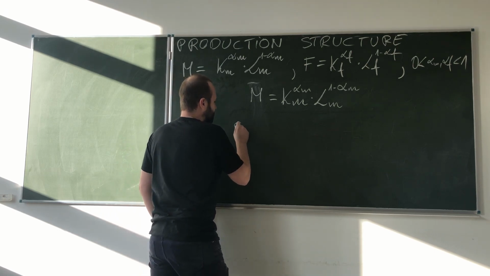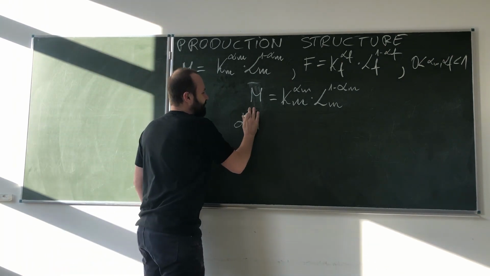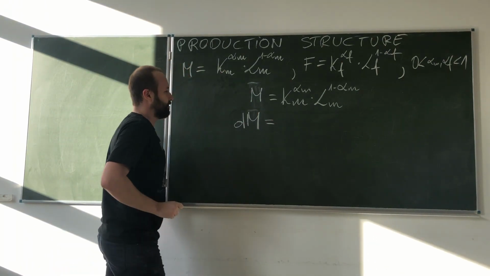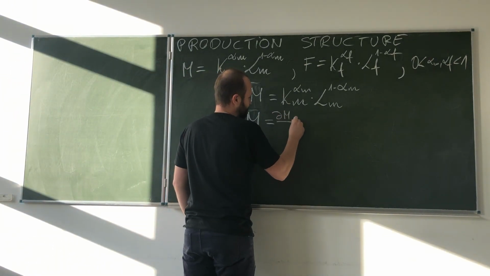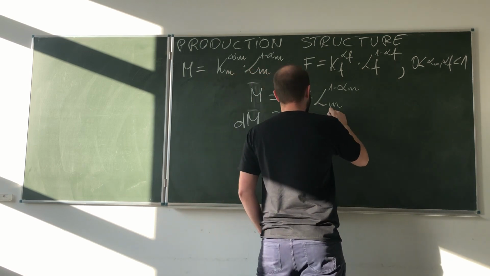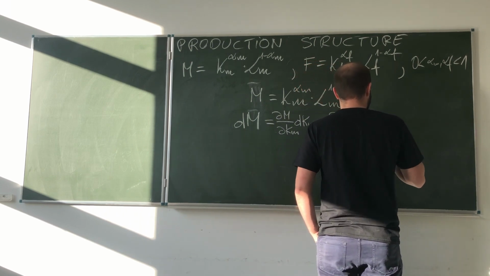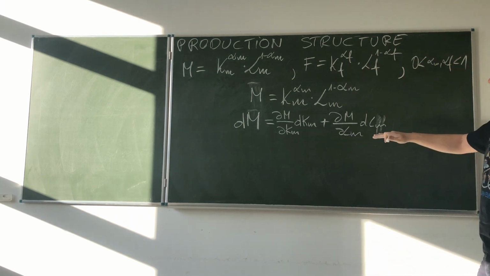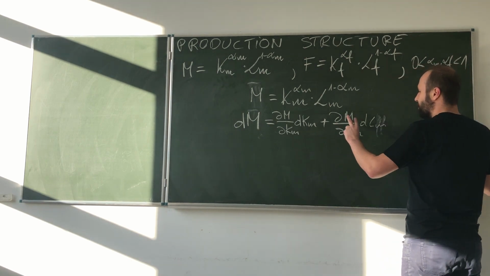Now, dm, if m is not constant, then in general, we can write that this is the partial derivative of m with respect to km times the change in km plus the partial derivative of m with respect to lm times dlm. So look, what we see over here is that the level of manufacturers can change depending on the change in either capital or labor.